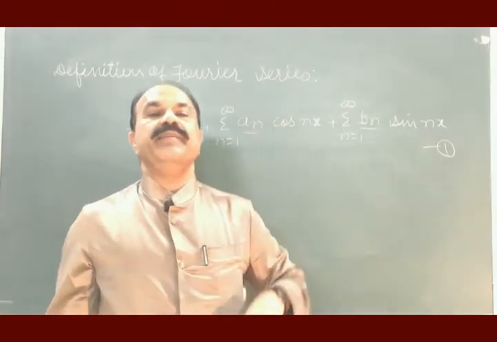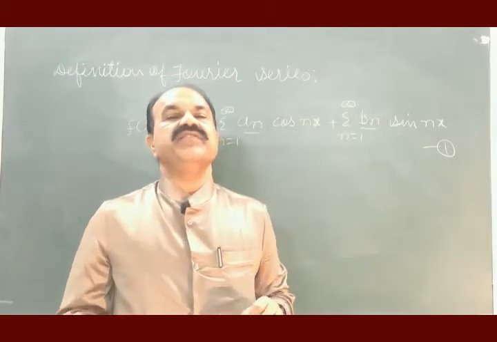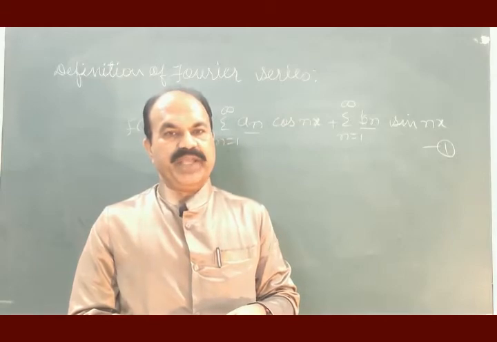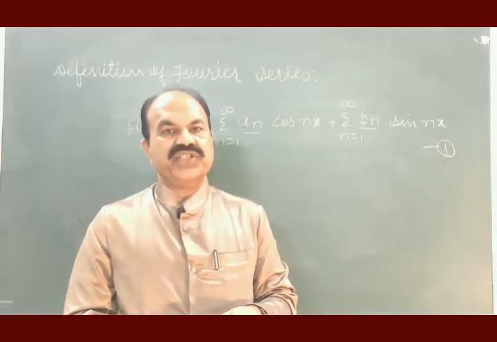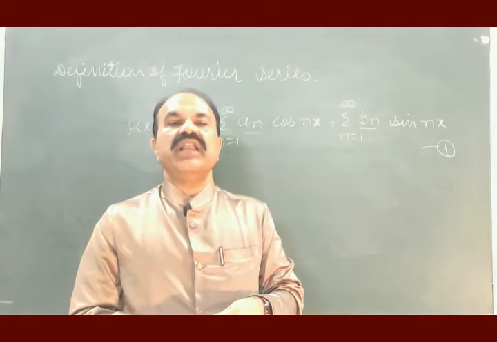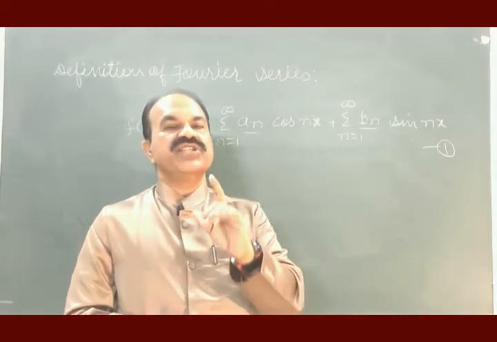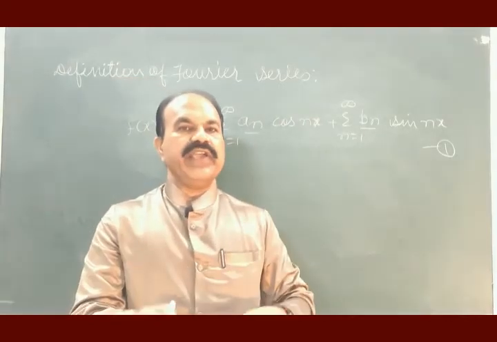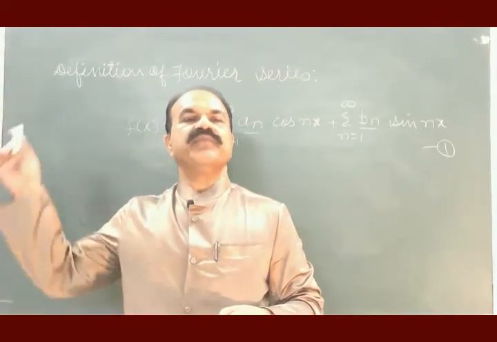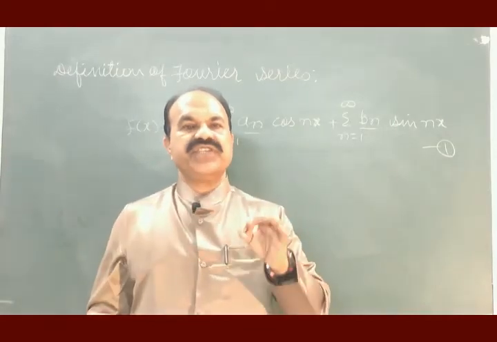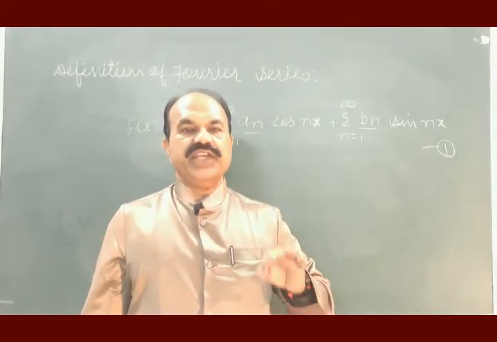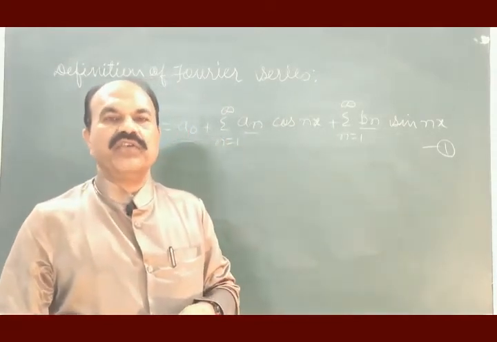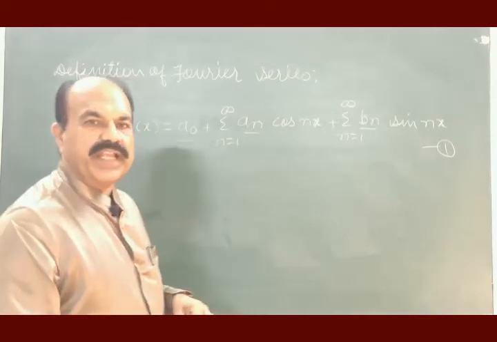The simplest way of evaluating the coefficients a0, an, bn is by using orthogonality conditions of sine and cosine functions.